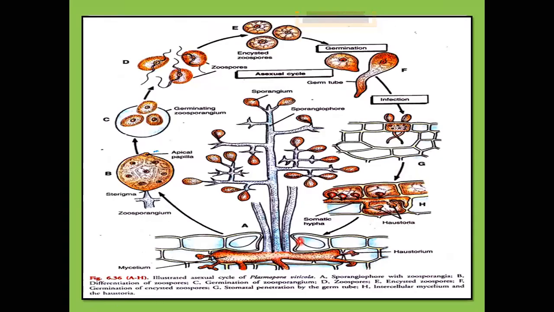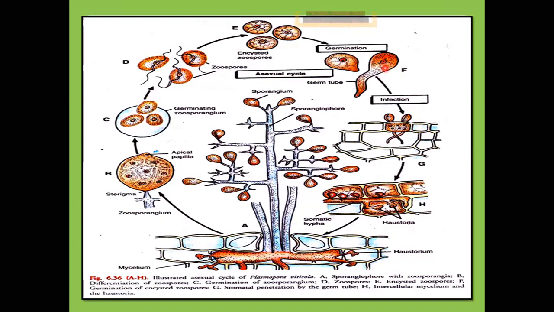But the secondary source of infection generally takes place through sporangia and zoospores disseminated from infected host tissue to healthy host tissue through wind or any wind agency, or through water or moisture present on the infected host tissue.